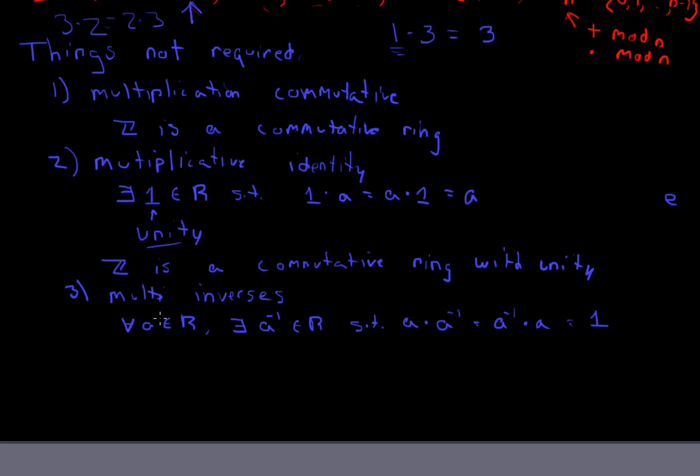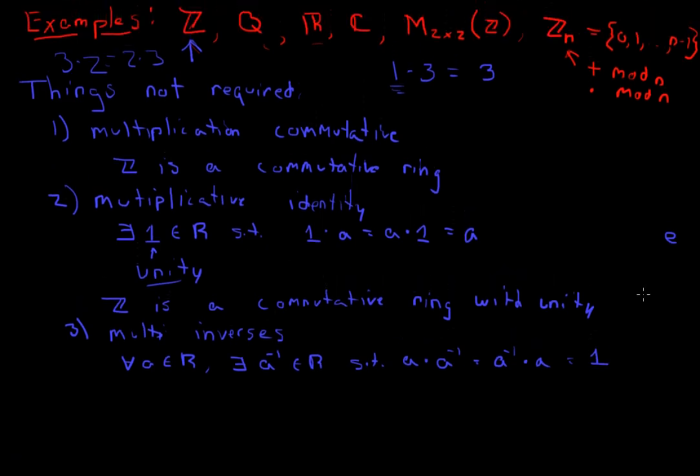Also note that there are rings out there where only some elements of the ring have a multiplicative inverse. For instance, the integers. Most integers don't have a multiplicative inverse. So for instance, 3 times something is going to give us 1. Well, that something would have to be 1/3, but that's not an integer. So for most integers, there isn't a multiplicative inverse. However, -1 has a multiplicative inverse.